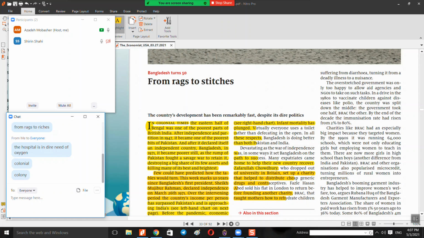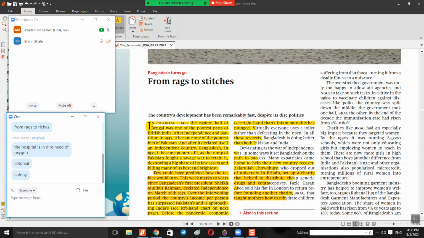And after it declared itself an independent country, Bangladesh, in 1971, it became poorer still as the rump of Pakistan fought a savage war to retain it, destroying a big share of its few assets and killing many of its best and brightest.